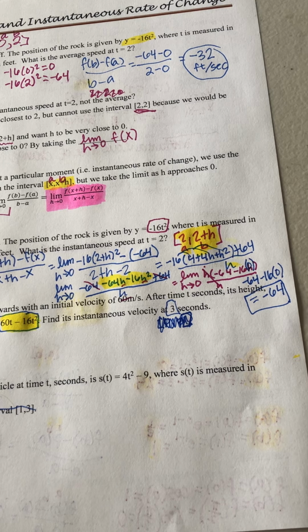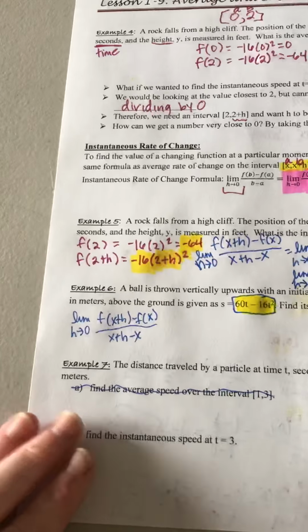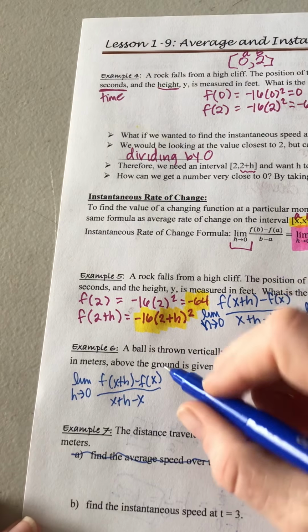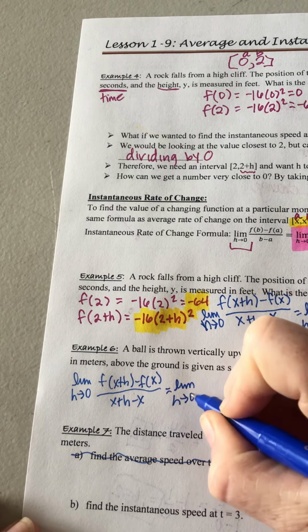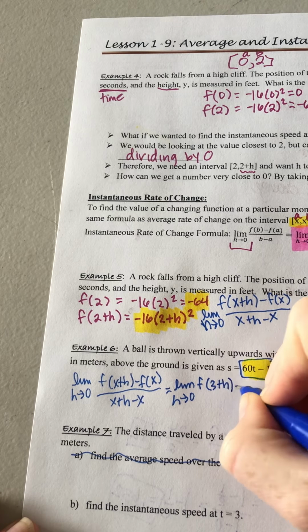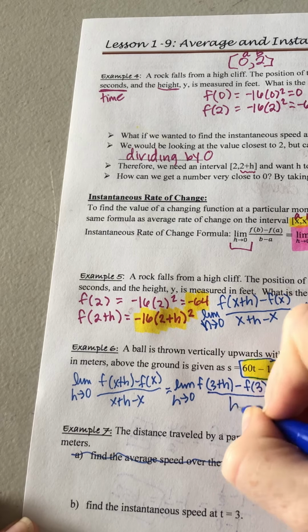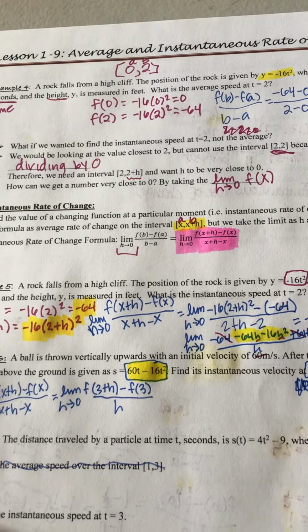So 3 is really what we look at for the x. So we're really wanting f of 3 plus h minus f of 3, all over h. And if you plug them into the function, let's see what we get.